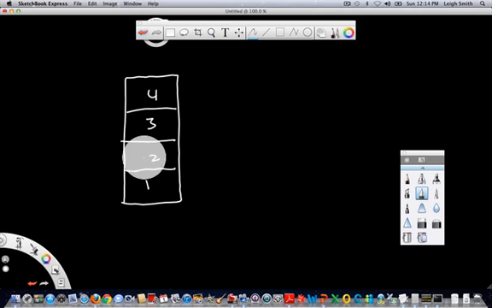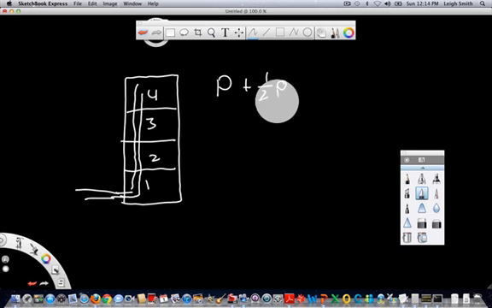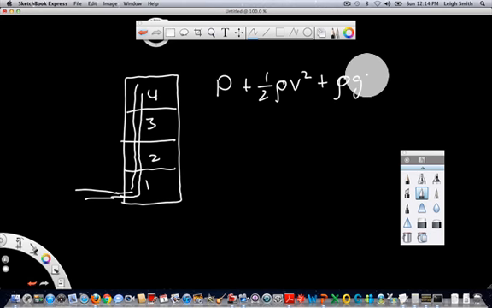Let's just assume that you have some pipe going in there, and then it rises up to the 4th floor. At every point, Bernoulli's equation says that the energy that you have is a constant.